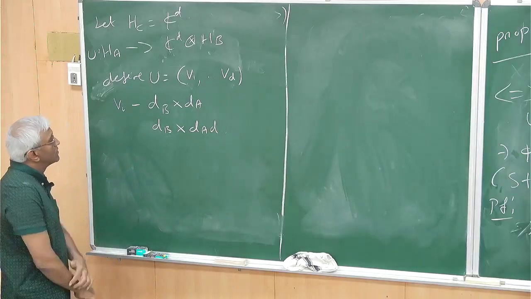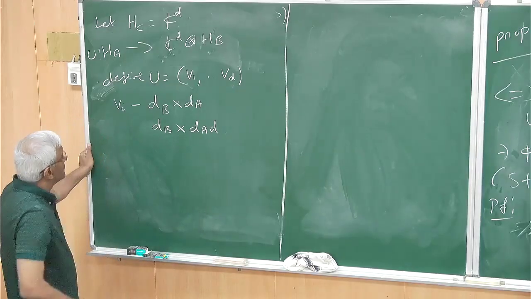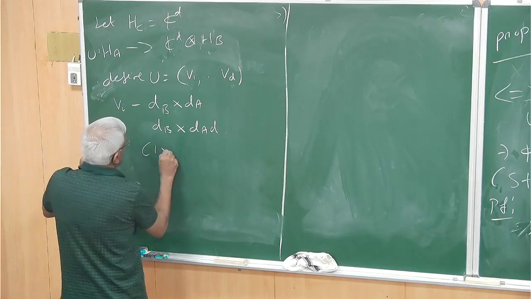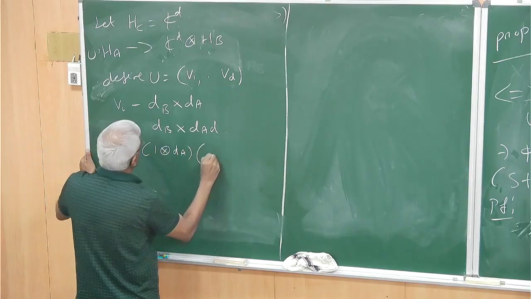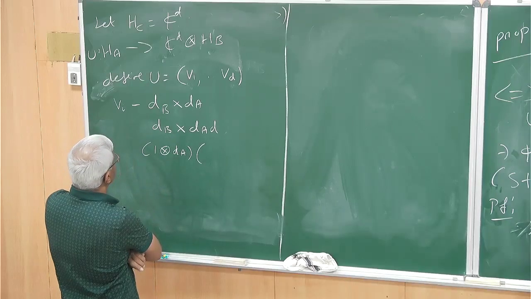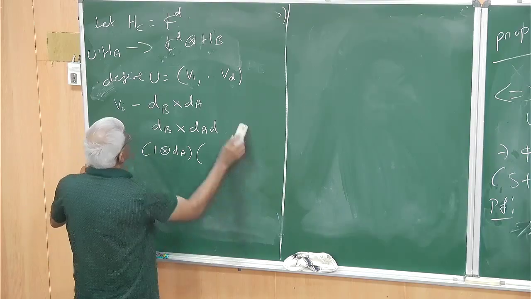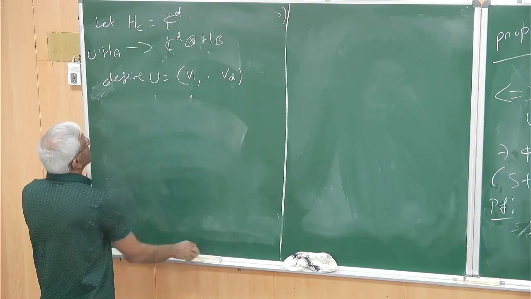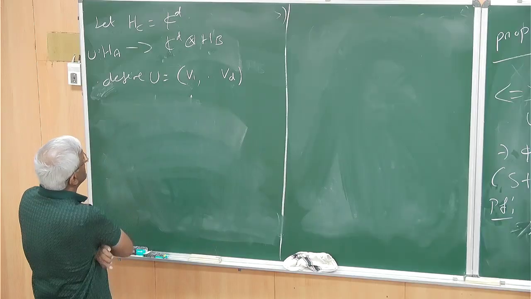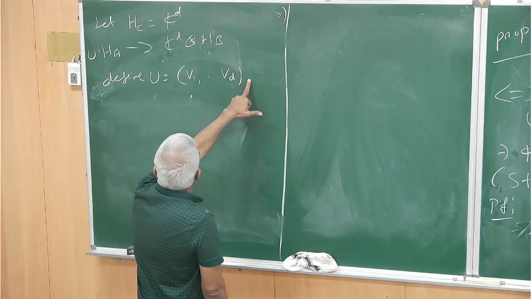So this is from H_A, right? This is like 1 tensor d_A. It should be a row vector or a column vector.